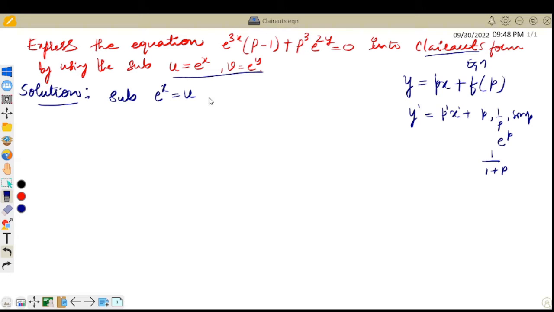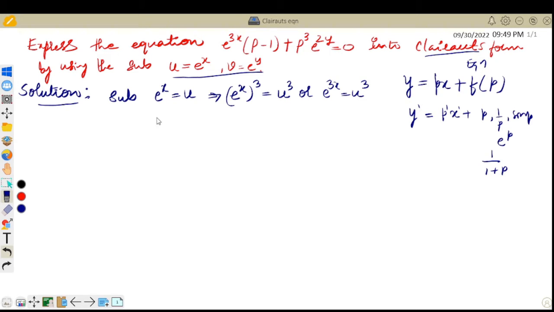If e raised to x equal to u, what is e raised to 3x? You can write e raised to x whole cube. Taking cube on both sides, it will become u cube, so e raised to 3x is equal to u cube.